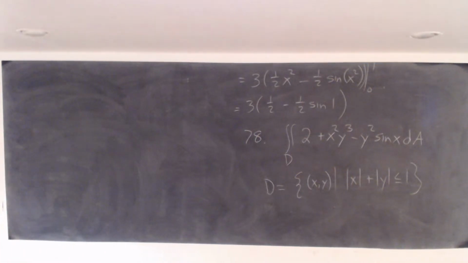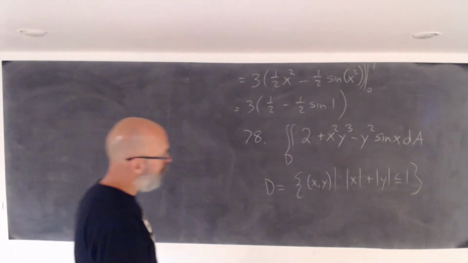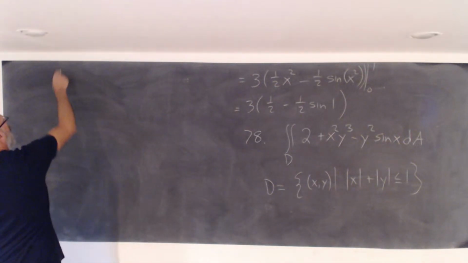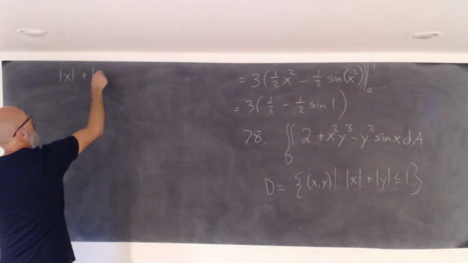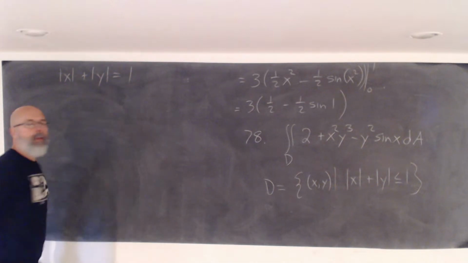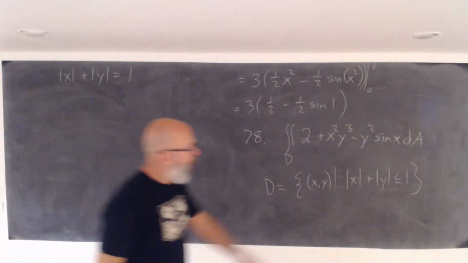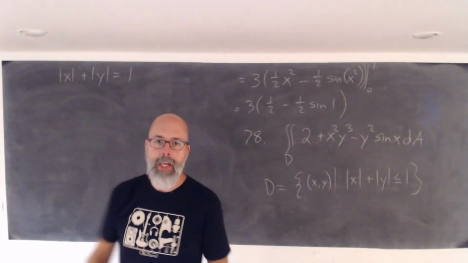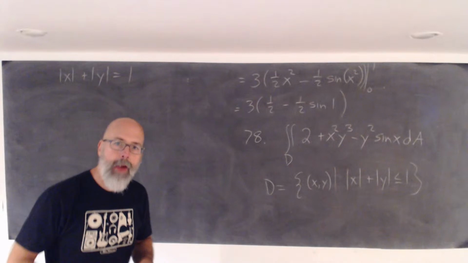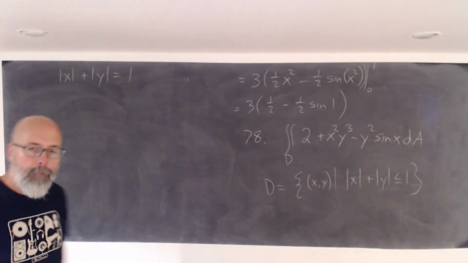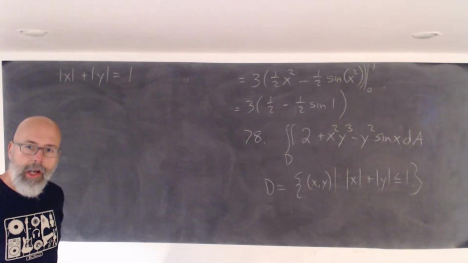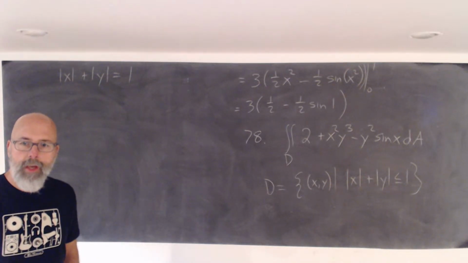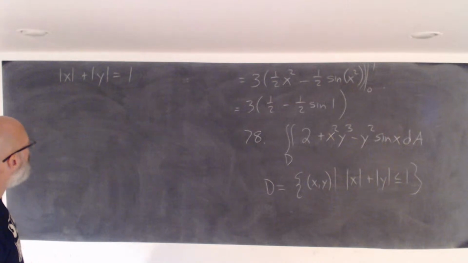Let's graph this. In fact, let's graph the equals 1, because here it's an inequality, meaning it's everything bounded by this. It's everything inside. But let's start by graphing this and see what happens.